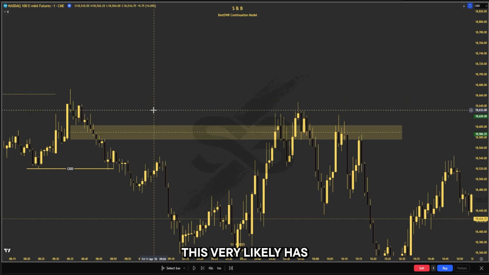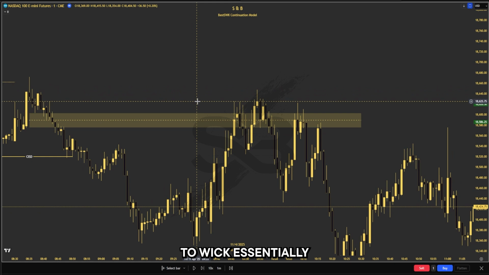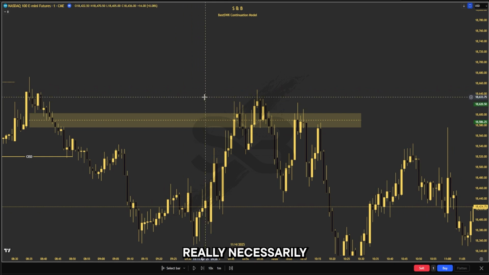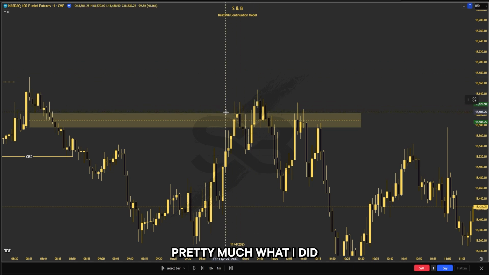I know that it very likely has a chance to wick essentially, and it doesn't really necessarily have to stay open all the way, I guess is the better way I can say it. A lot of times you'll get wicks to the body, and so I'm not trying to play the open. I'm rather trying to play the edge. And so, yeah, that's pretty much what I did.